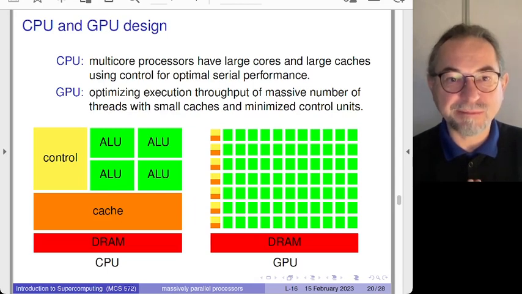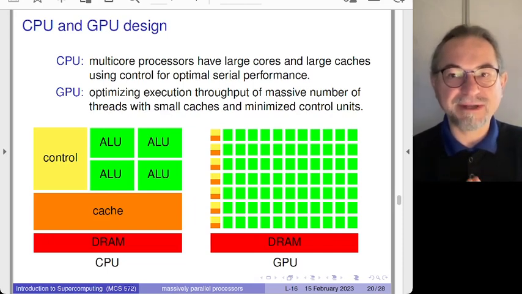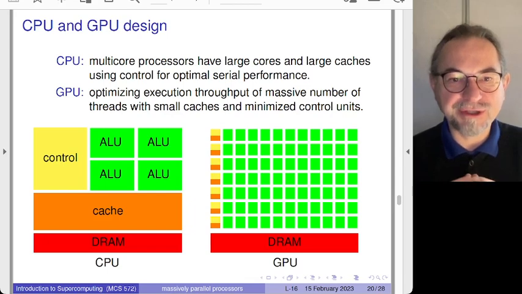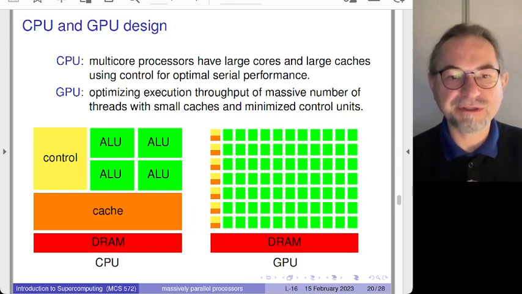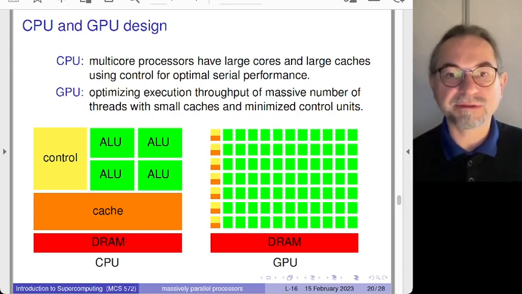So the nice thing about distributed memory and shared memory is that you could still try to maintain the logic a lot. Now, what the picture here shows is that at the left, your CPU, and this would be a 4-core, we have the arithmetic and logical units of the CPU. And they are very big. The green blocks there are the workers. They are big because they have the same capabilities as any other processor.